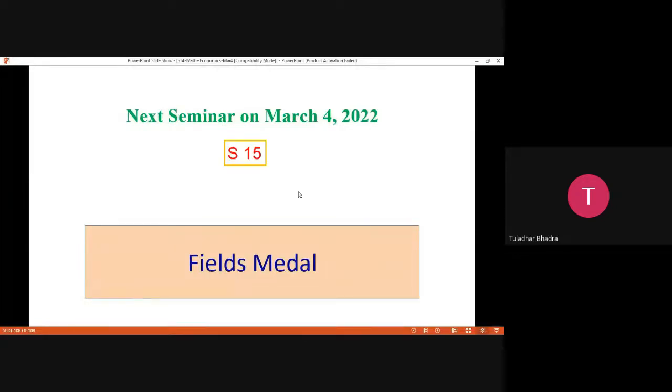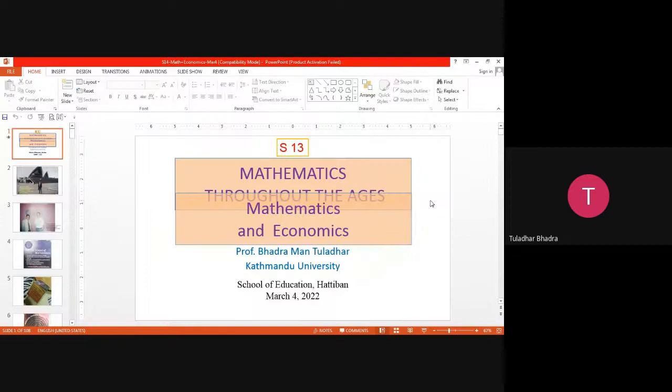So I'll talk about Fields Medals. That will be more than enough for today. I have tried to show how mathematics has been useful in economics, how economics has benefited from mathematics, and those who are mathematicians or close to mathematics who have been laureates of the Nobel Prize in economic sciences.